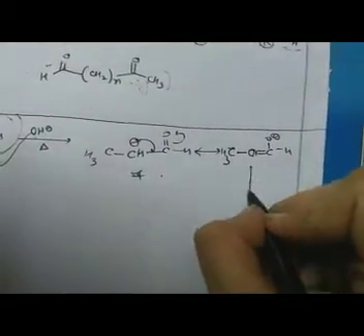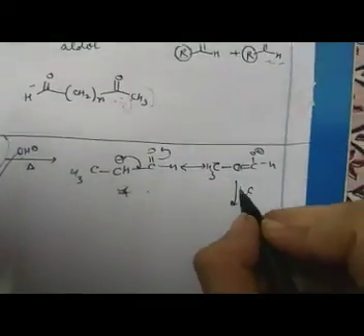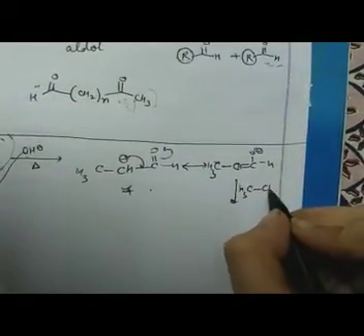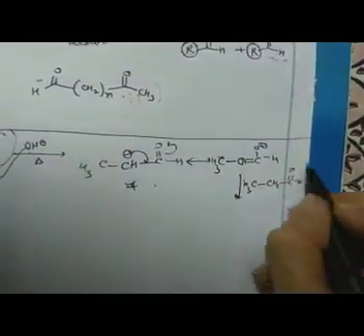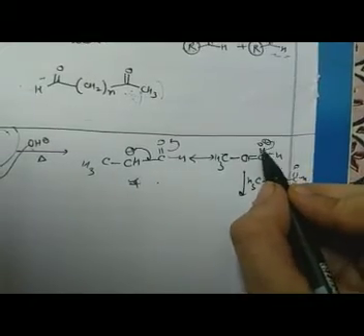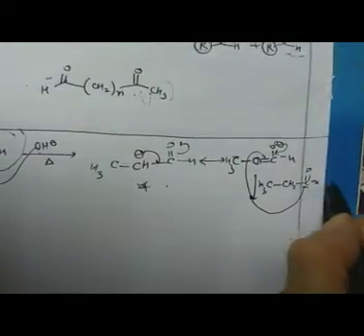Another compound comes, this O negative comes back and attacks this carbonyl site, which is pi antibonding, right?